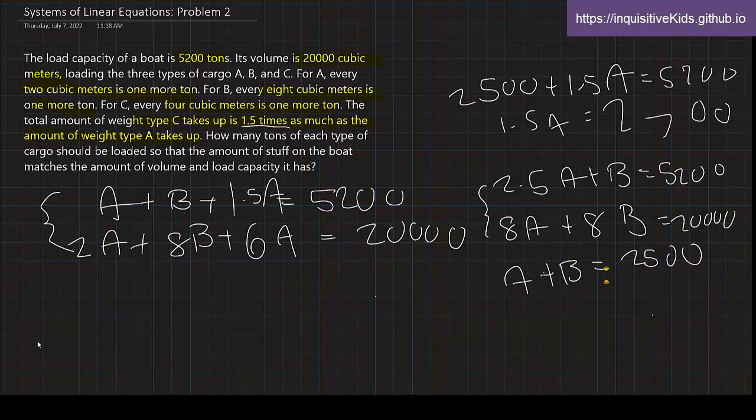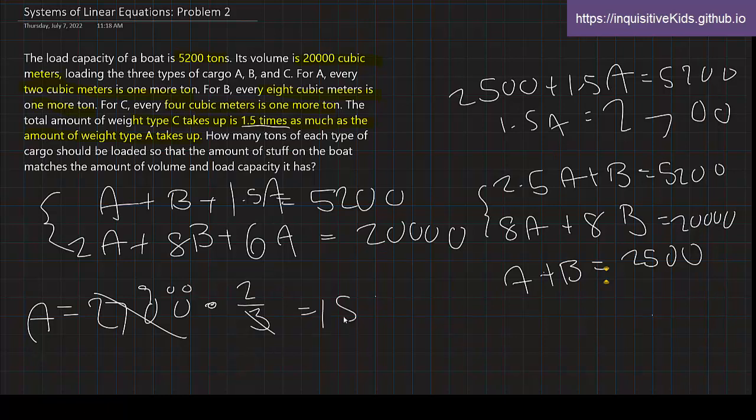Therefore, A is equal to 2,700 times 2/3, and this gets 900, and we have 1,800. So A is equal to 1,800, and just like last time, in a real circumstance, you would have to use full sentences.